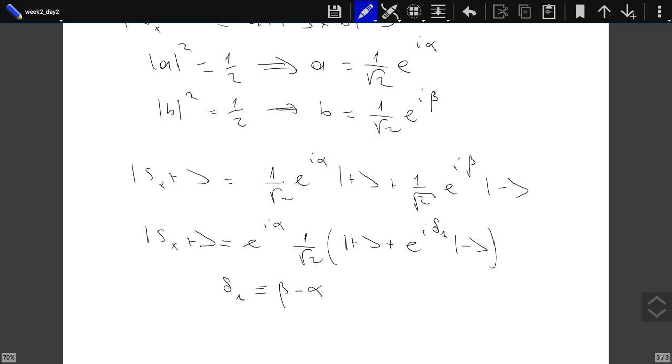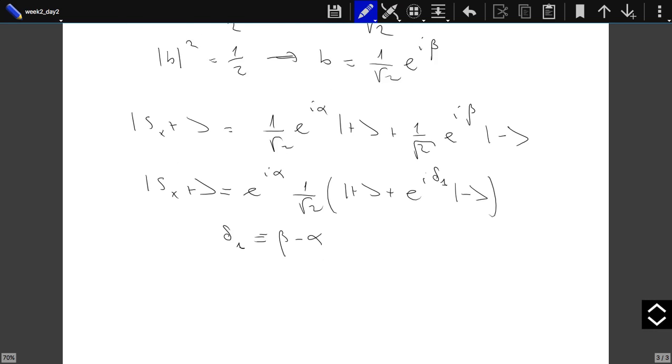But you see, we said that if we have one ket, and if you multiply that ket with an arbitrary number, it corresponds to exactly the same state. Well, let me just multiply Sx plus by e to the power minus i alpha. If this corresponds to one state, if I multiply this by e to the power minus i alpha, still it corresponds to the same state.